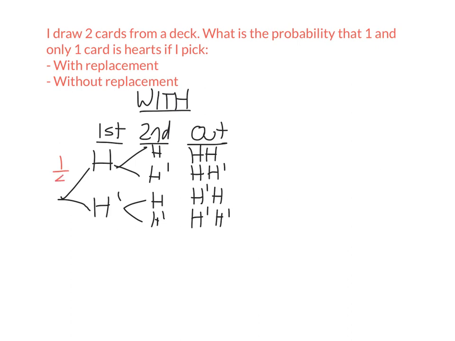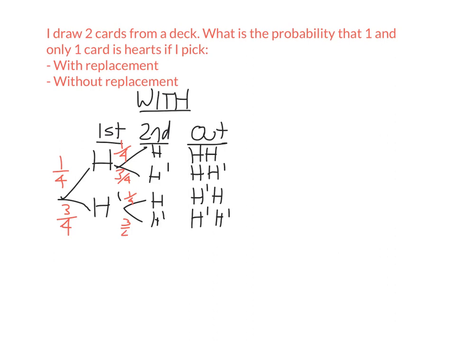So the probability of getting a heart is 1/4 and of not getting a heart is 3/4. Now, because this is with replacement, when I take the first card, I put it back and then take a second card. So the probability of getting a heart on the second go is still the same because I would have put the first heart back. So it's 1/4 of getting a heart each time and 3/4 of not getting a heart.